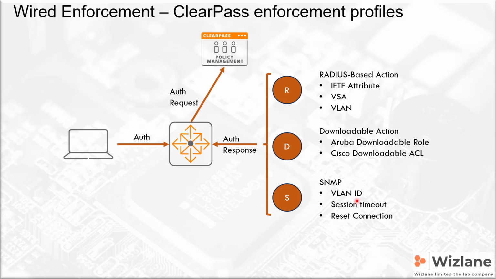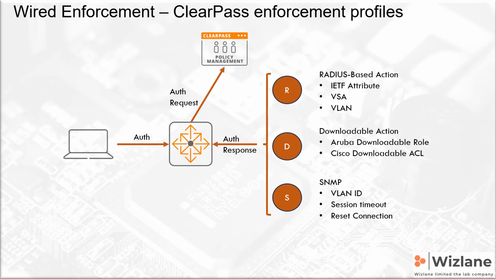Another possibility is that actions can be instructed to the switch using SNMP, Simple Network Management Protocol. This is when you integrate the switch and communicate with SNMP, you can set the VLAN ID, session timeout, reset connection, and so on.